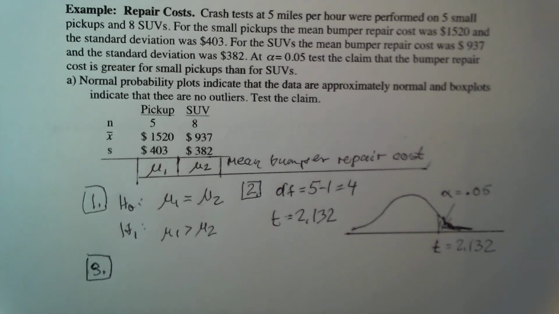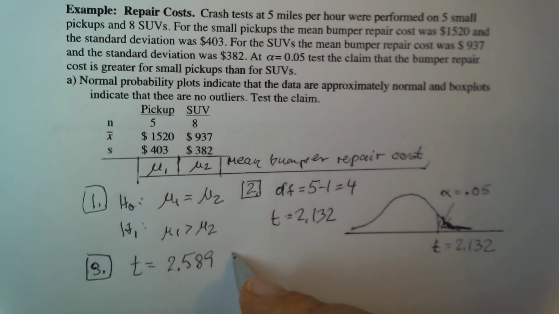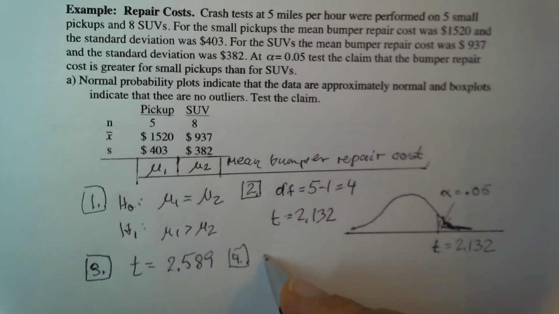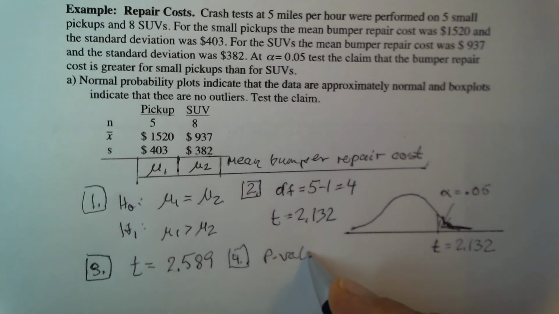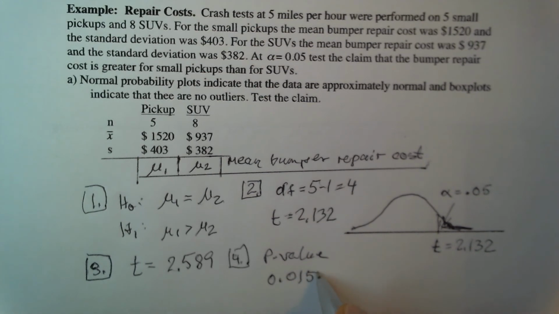When we compute our test statistic, t, using technology, it is 2.589, and our corresponding p-value is equal to 0.0157.